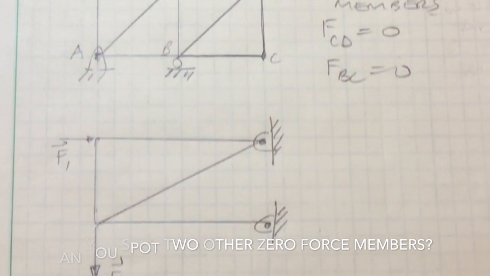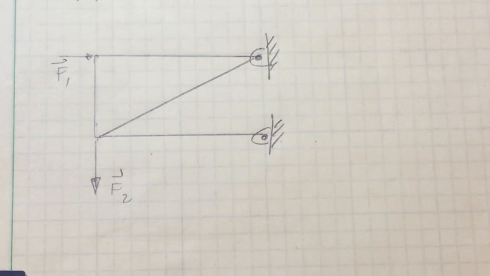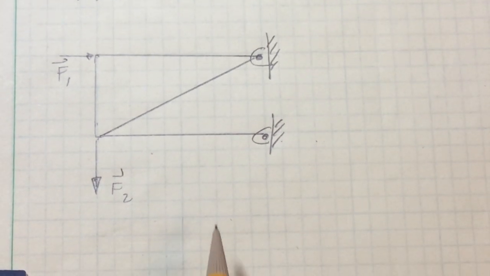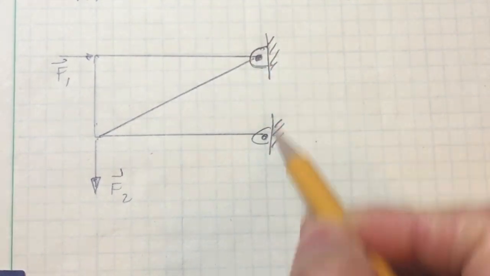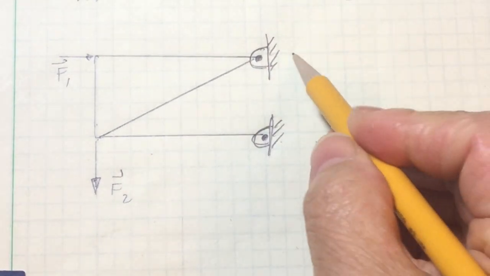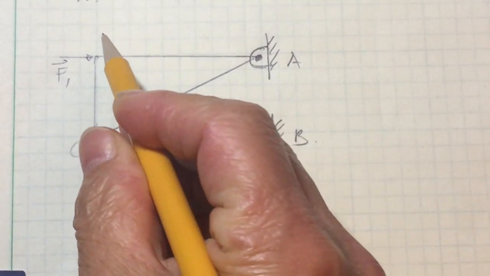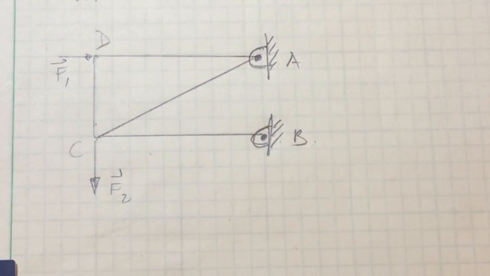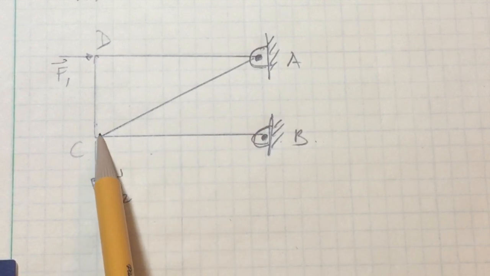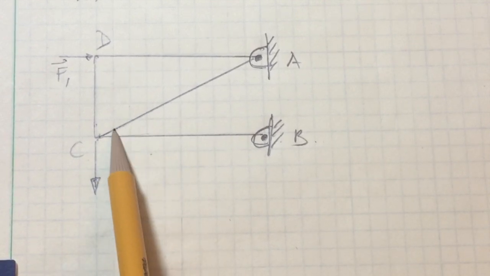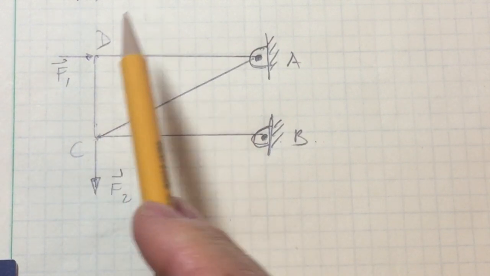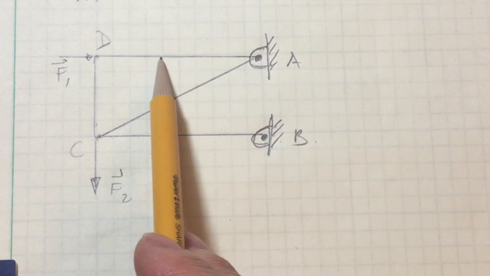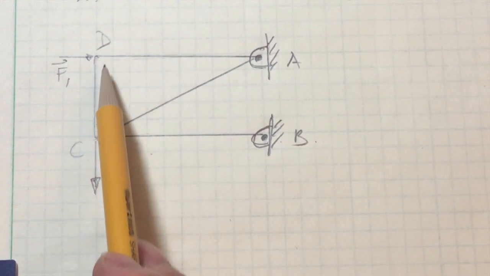Let's take a look at another problem. So here we have a truss assembly. It's connected by a pin here, another pin here as well. We'll call this A, B, C, and D. We try to look for two members that are connected to one another. Here at this joint, there's actually three members, so we're not interested in joint C. But at D, we have two members that are connected to one another.